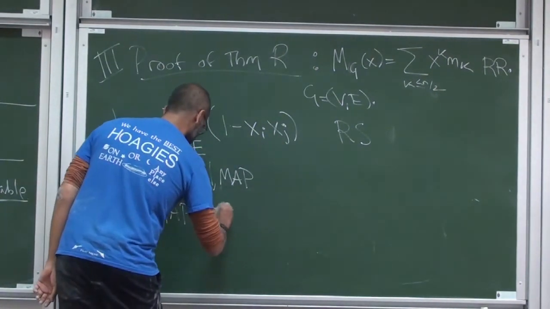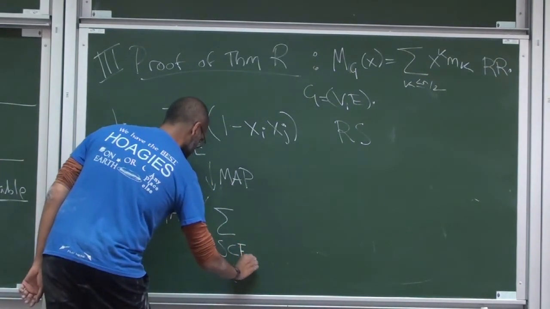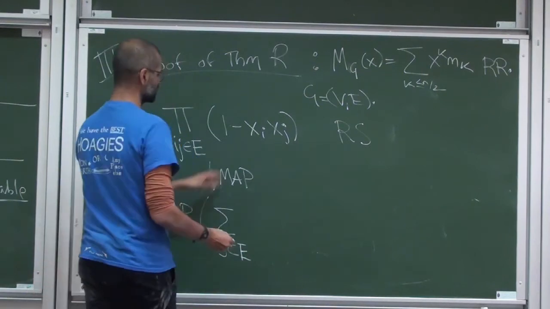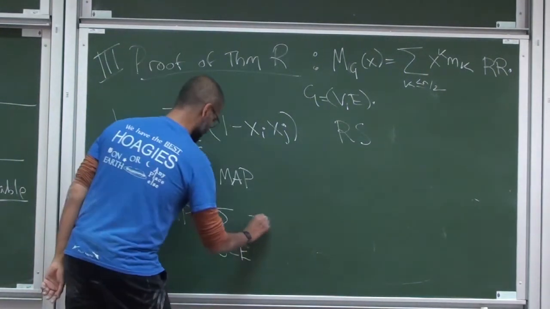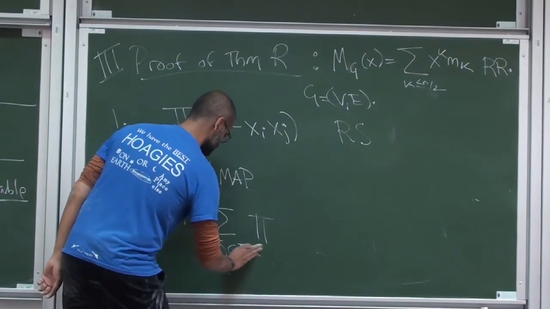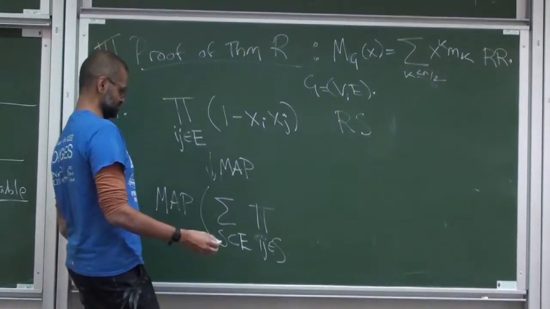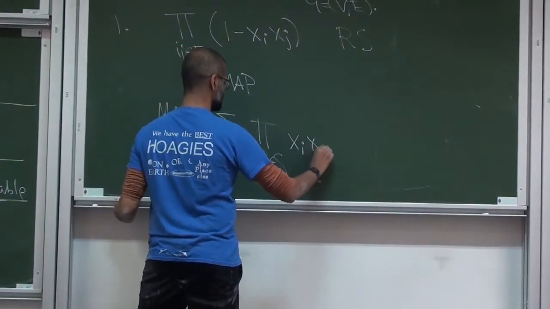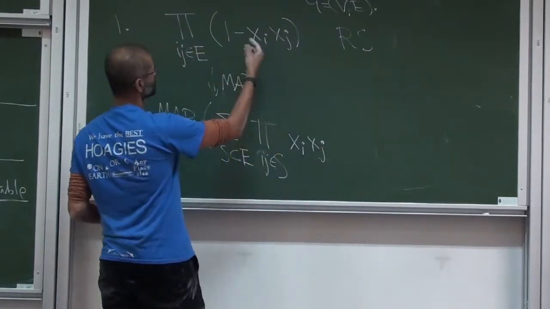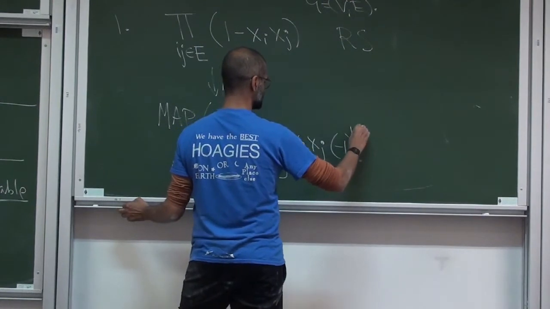So I'm going to get map of the summation over all edge subgraphs F of the edge set E. And what am I going to get? The product over all edges in this edge subgraph of xi xj, and then there's going to be a -1 raised to the number of edges in the subgraph.